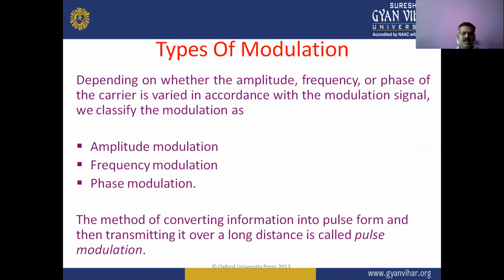Second one is frequency modulation, or FM. Third one is phase modulation, or PM. The method of converting information into a pulse form and then transmitting it over a long distance is called the pulse modulation technique.